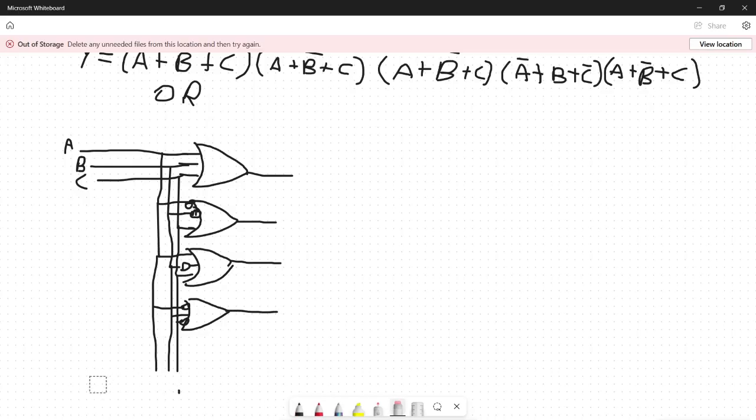And then finally, we're going to have our A go in. A remains the same. B gets inverted. And C remains the same. And then all of these are going to come together.